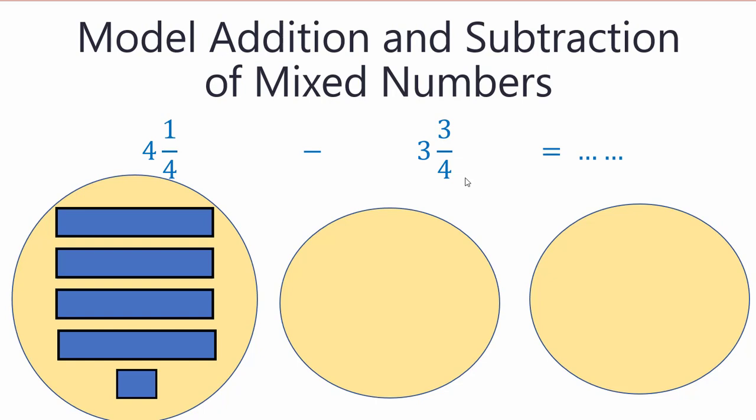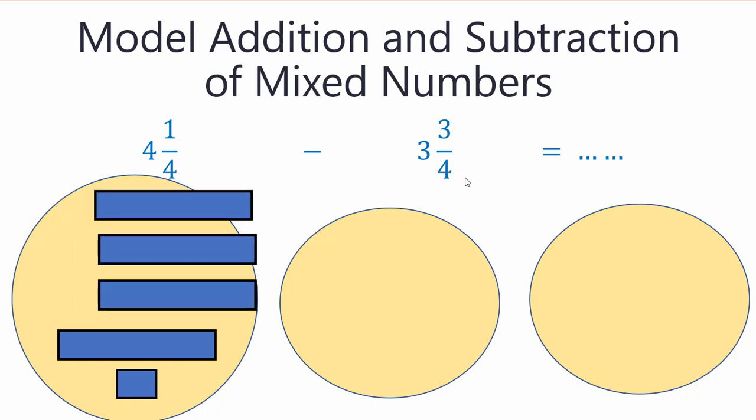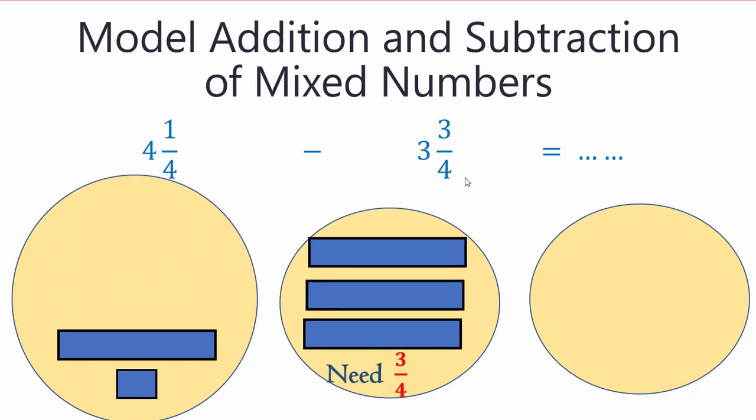I think we have 3 whole already. Okay, let's take 3 whole. But can we take 3/4? Oh, we cannot. Why? We don't have 3/4. We have only 1/4. Right? So we cannot take 3/4.